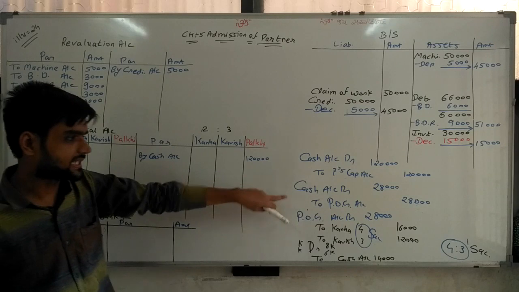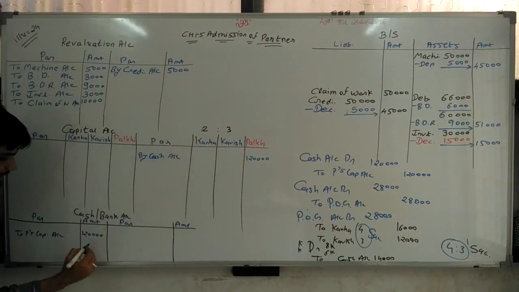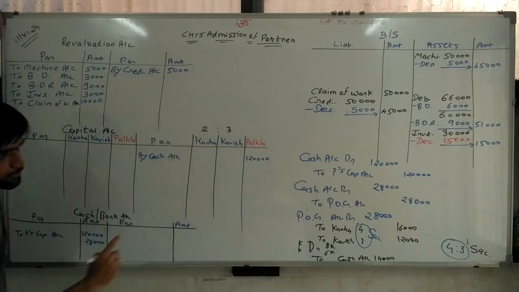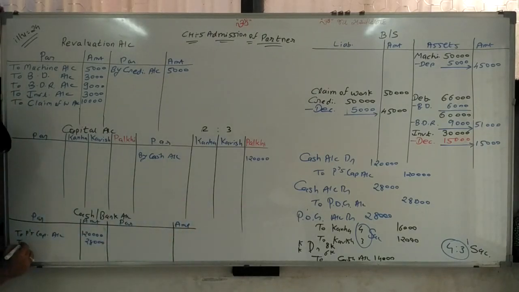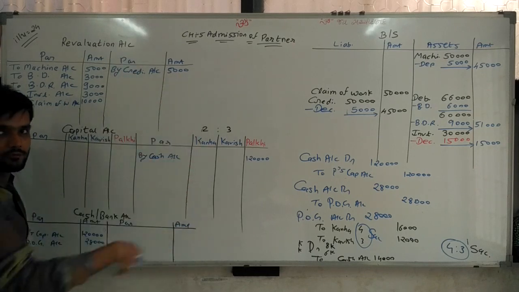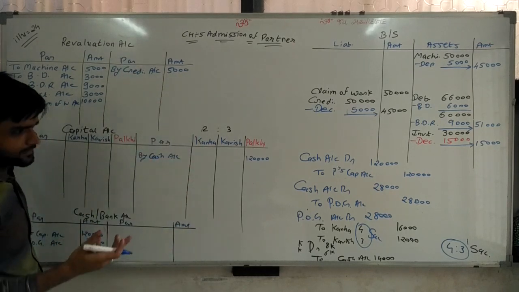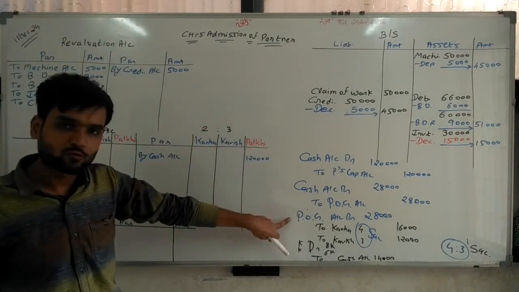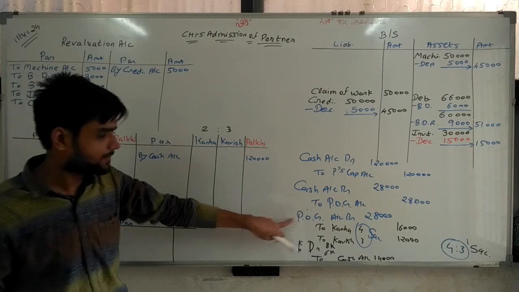Same way, cash debit. Sir, again cash debit 28,000. Writing the name, to premium of goodwill account, a cross entry to premium of goodwill account. But here we are not preparing the premium of goodwill account, so don't write it. Now premium of goodwill is debited; again we cannot debit.